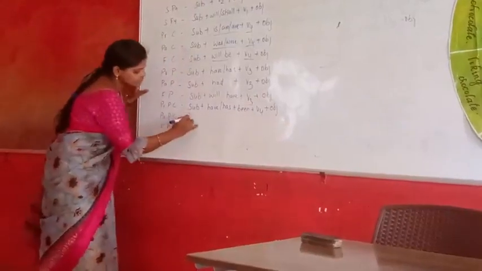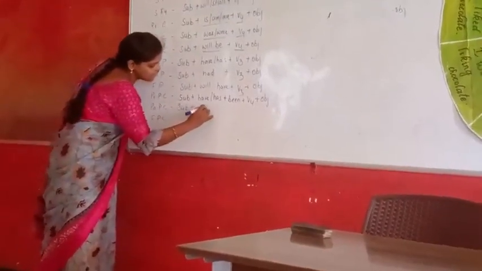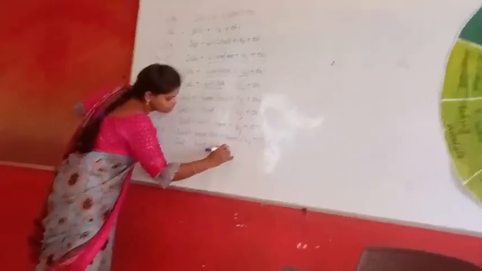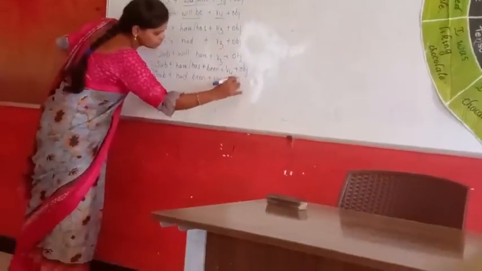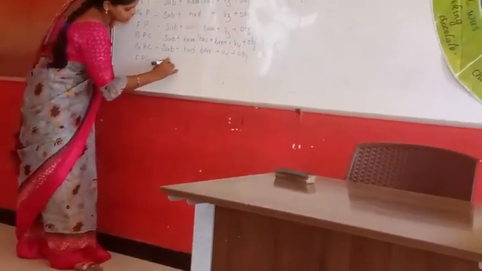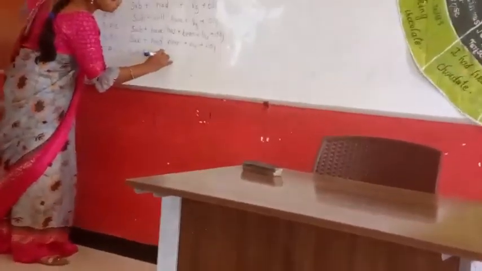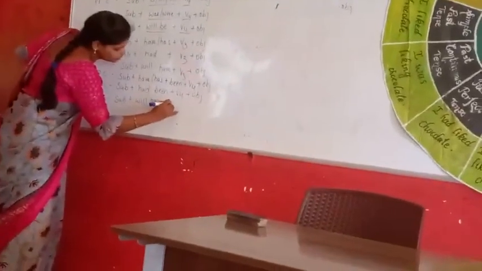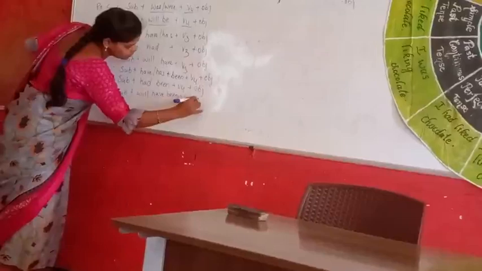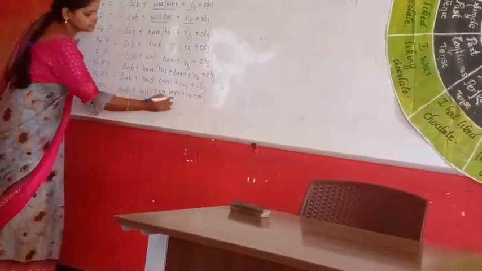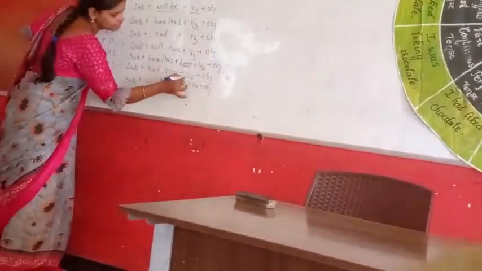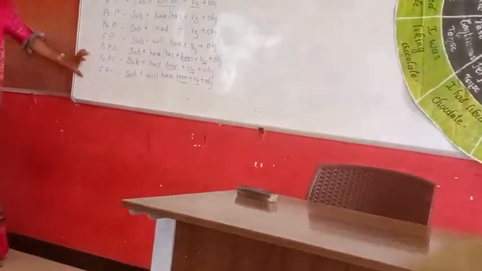In the same way, subject plus had been plus V4 plus object. Future perfect continuous: subject plus will have been plus V4 plus object. Here this been and V4 are for perfect continuous.